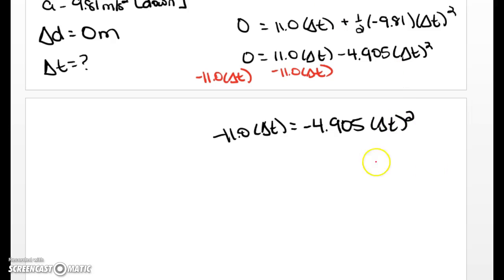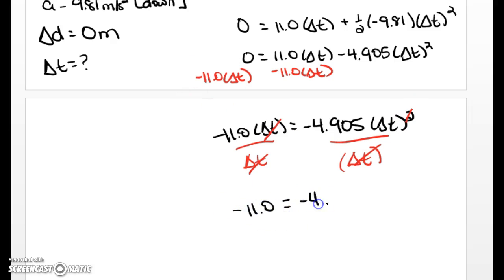So now one thing that I want to do is I don't want to have this delta t squared. So I'm going to divide by a delta t on each side. That actually gets rid of this square and gets rid of the delta t on the left side. So I have negative 11.0 is equal to negative 4.905 times delta t. Notice how we don't have that square anymore, and we only have one variable in total in our equation, which makes our life a lot easier.